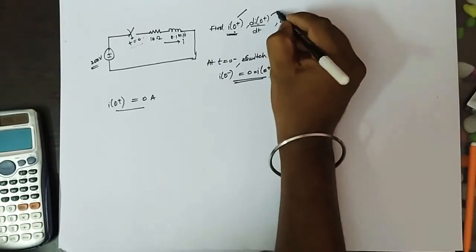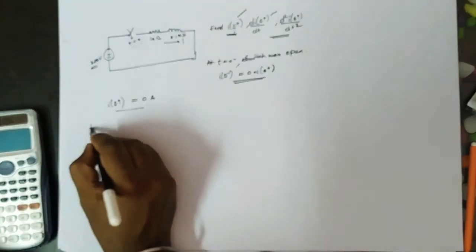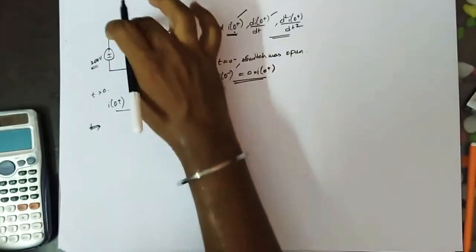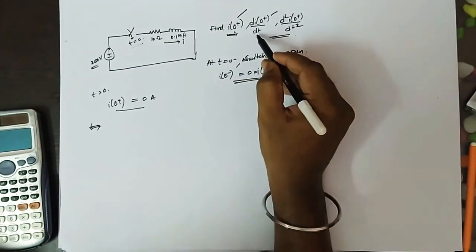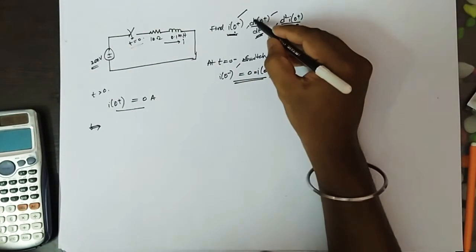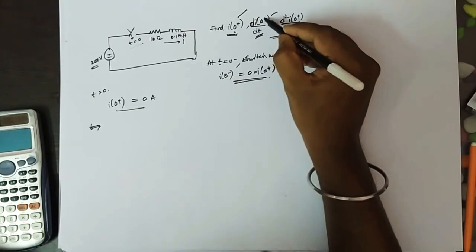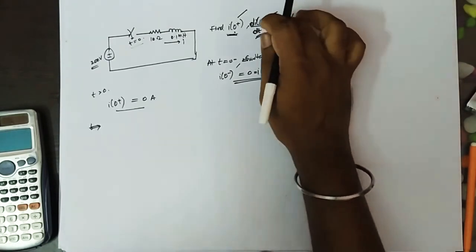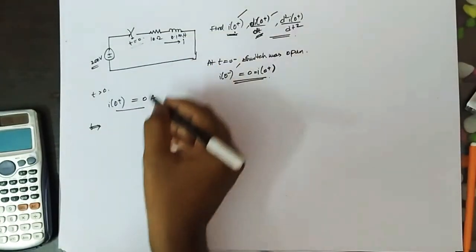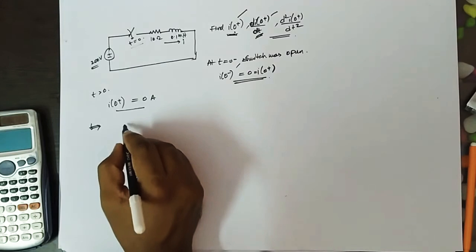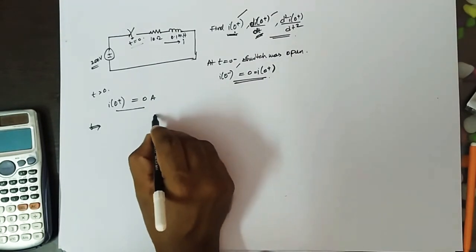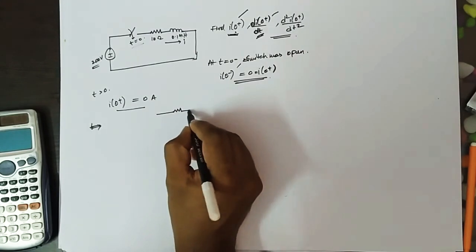Now at t equal to 0 plus, to derive this, that means the change in current, we need to find the change in current. So for this reason, at t equal to 0 plus, write the KVL equation. The switch will be on, the circuit will behave like this.